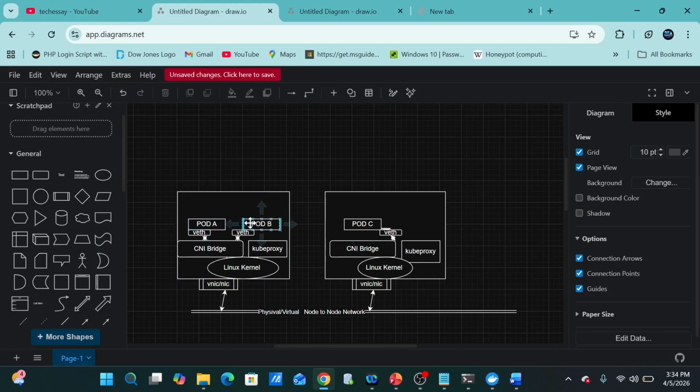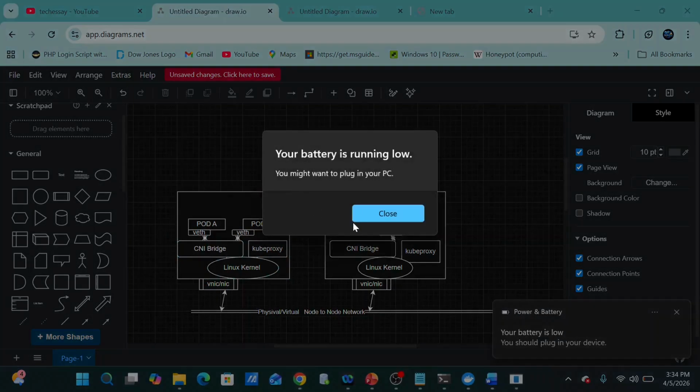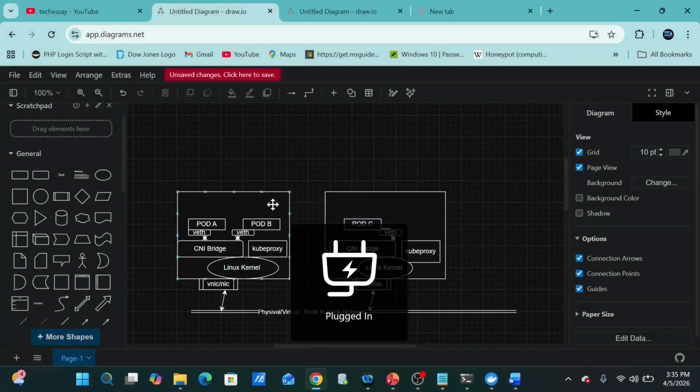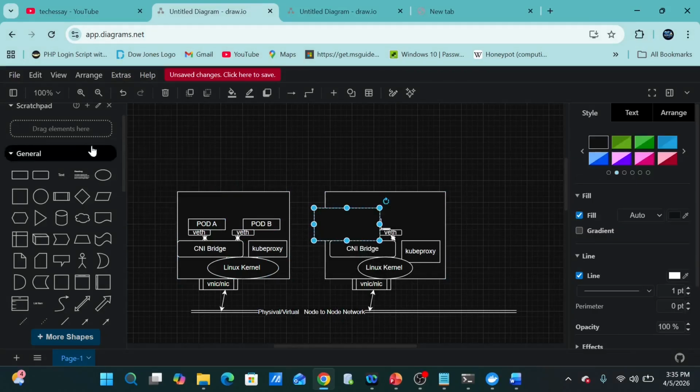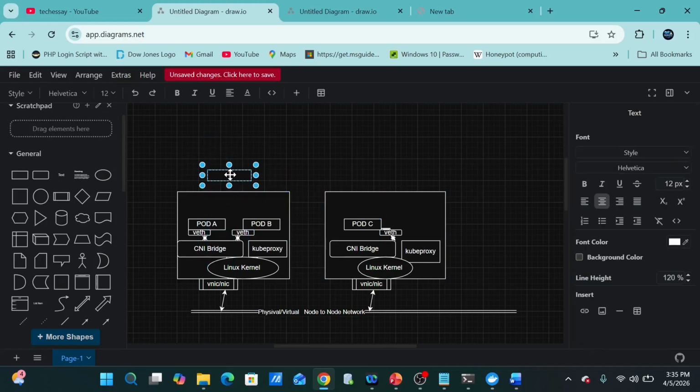If pod A wants to communicate with pod B, okay, so this is inside the same node. Okay, so here it's node A, and this is node B. Let me give a name. These are the worker nodes.